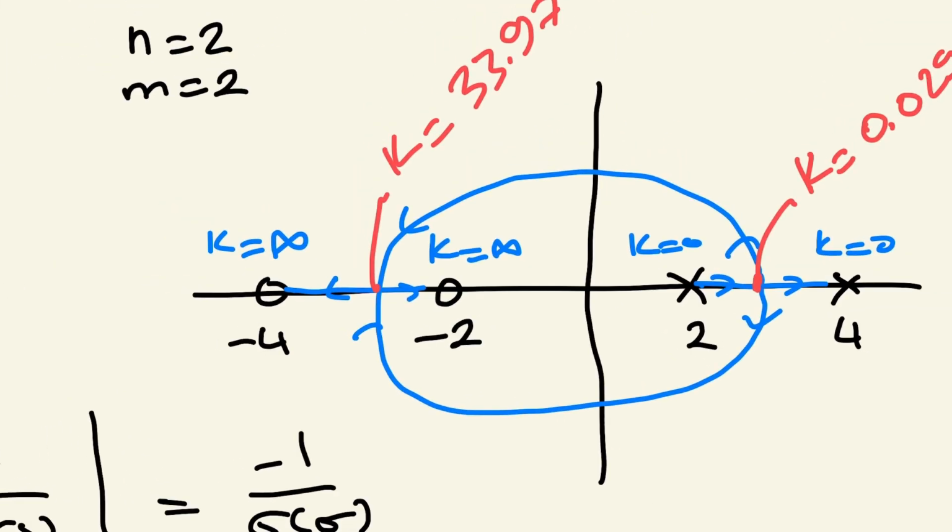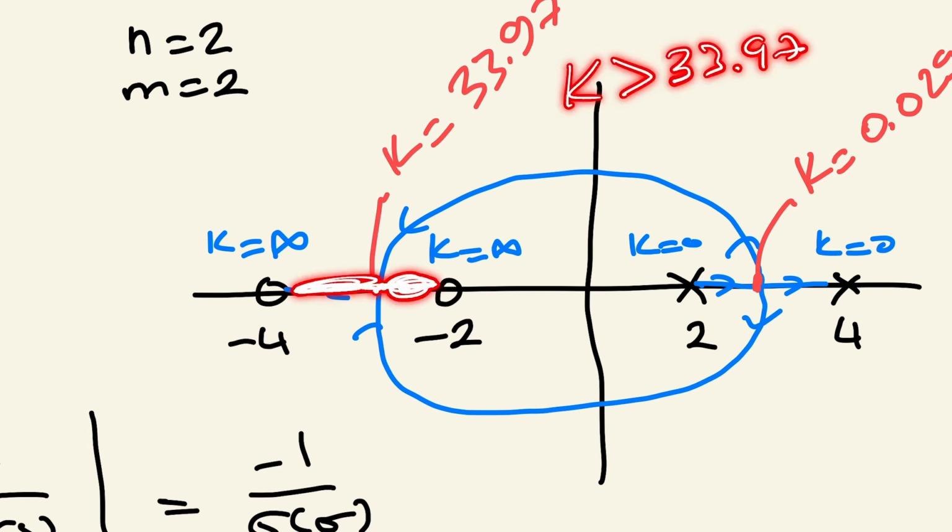For example, if you would like to have a closed-loop system which is stable and, transient-wise, does not oscillate, then you should choose your gain k larger than this 33.97, such that one closed-loop pole lives here and the other one is here.